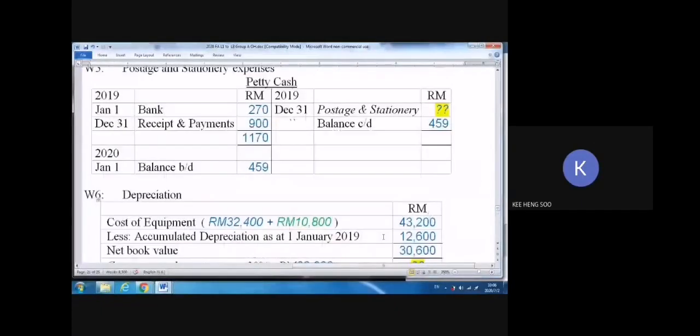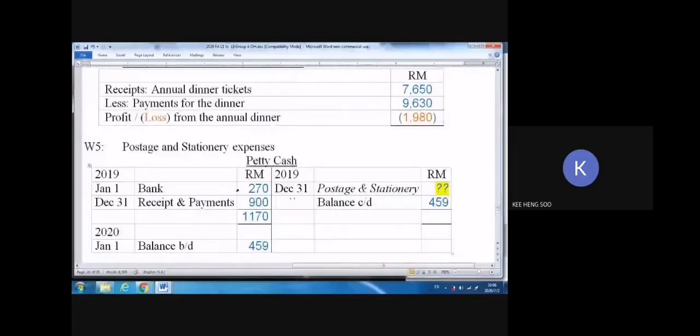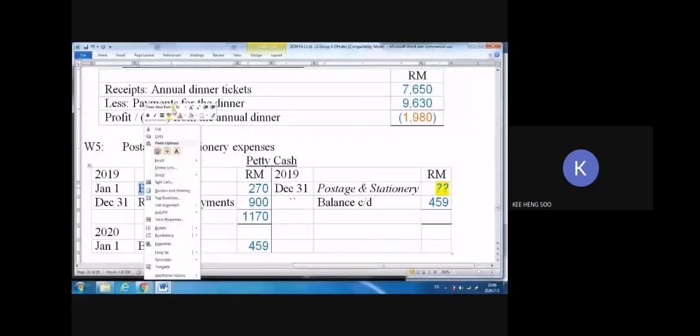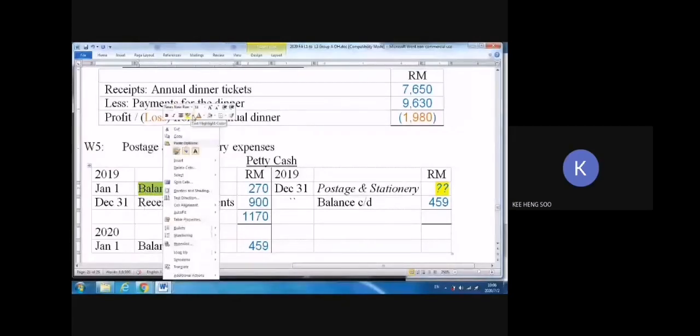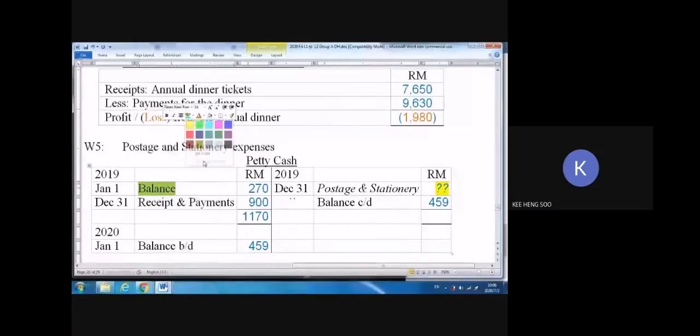Which one did you do? Which order is this? Working 5. Cash. Oh, this one is not bank, sorry. It's balance. Remember, this one is a balance. Can you do your correction?